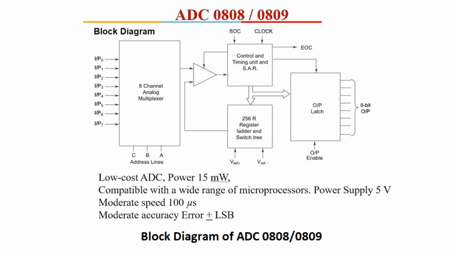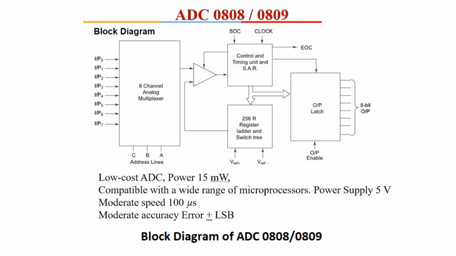Block diagram of 0808 or 0809 is represented here. In this block diagram, the 8 analog inputs are applied to the 8-channel analog multiplexer. To this multiplexer, the address lines A, B, C are also applied.